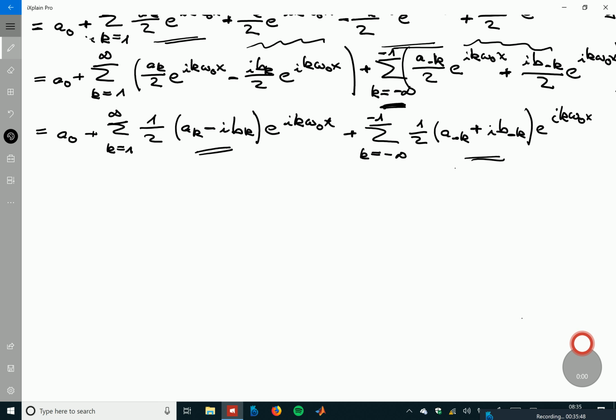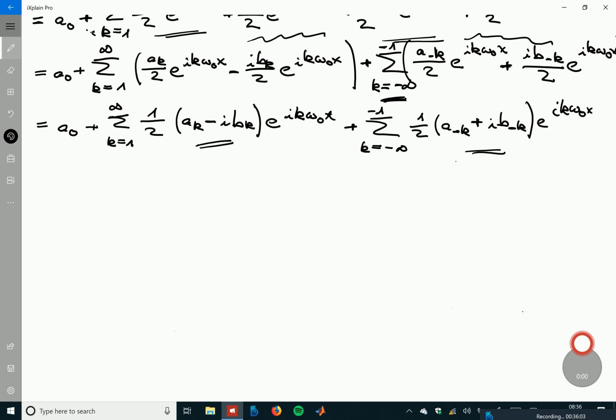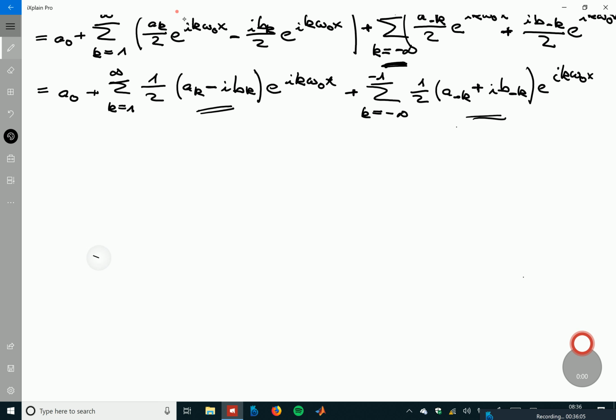Good, and now, based on this, we are almost there, we now redefine the coefficients. So we define a new set of coefficients which we call c_k, and the reason for that is that we can unify these two complex exponentials in the next step.